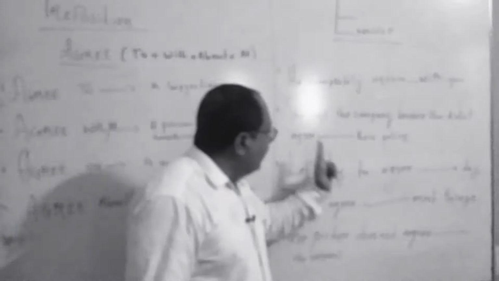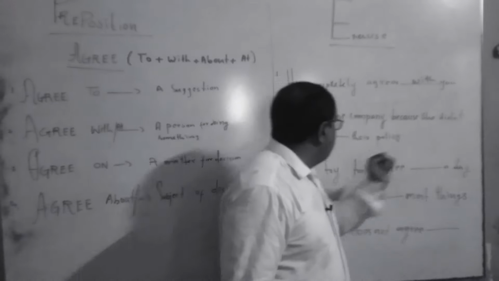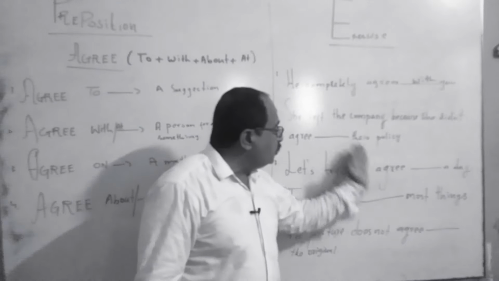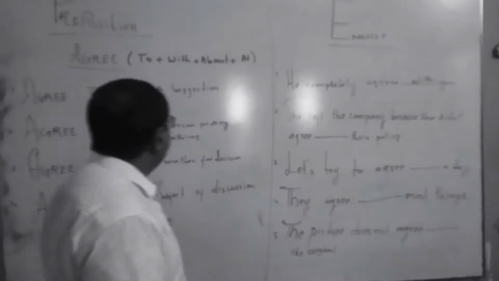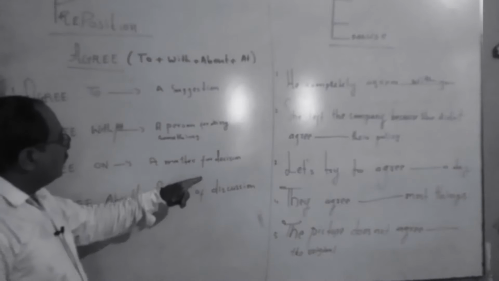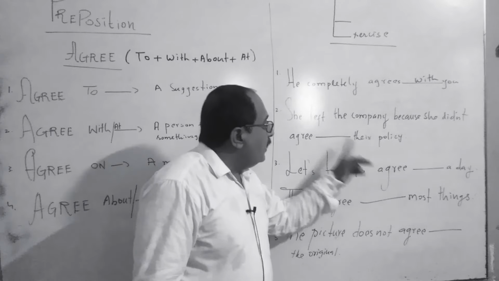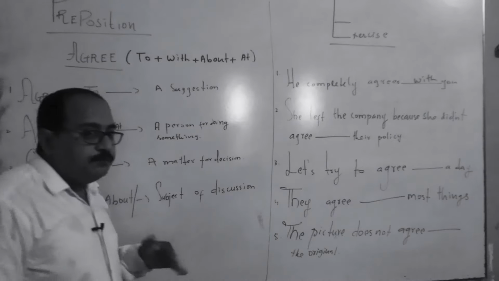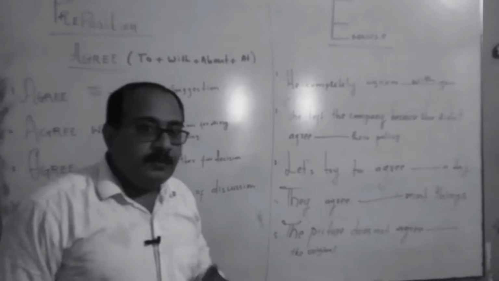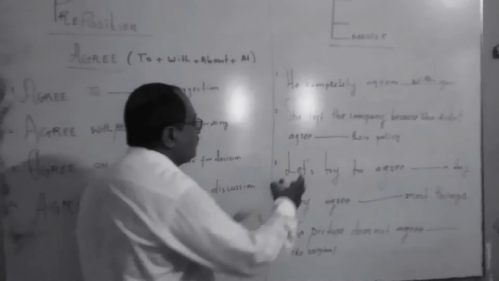Number two: she left the company because she did not agree dash their policy. Agree with their policy. When we talk about the person, we are supposed to use with.